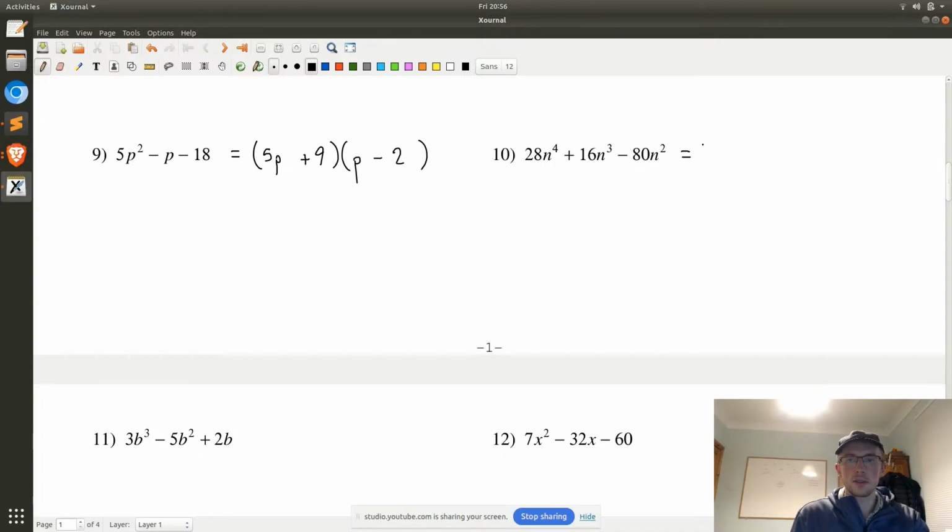Factor out 4n squared. So we have 7n squared plus 4n take 20.